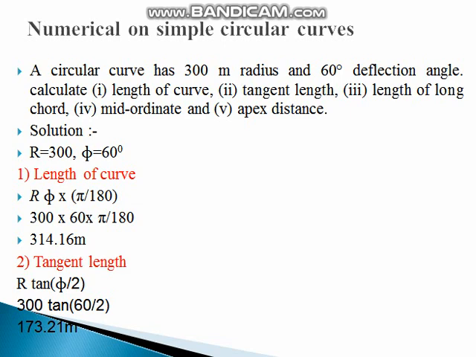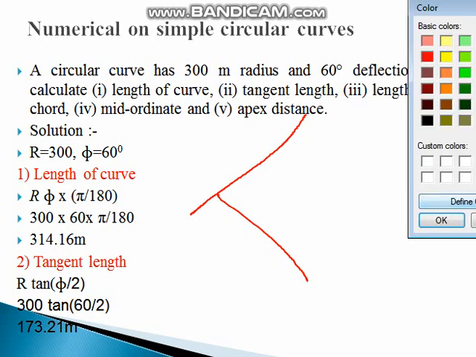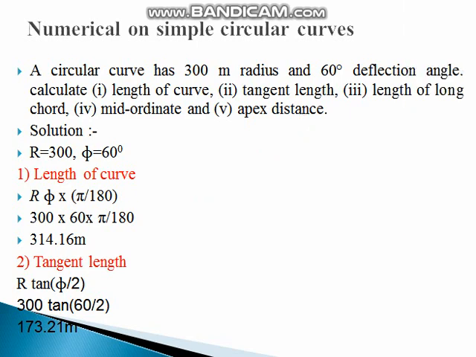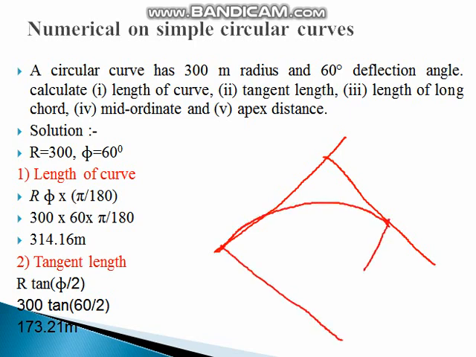Let us see. We have to draw a figure. The radius of the curve is given as 300 meters and the deflection angle is 60 degrees. So I draw a curve of radius 300 meters.